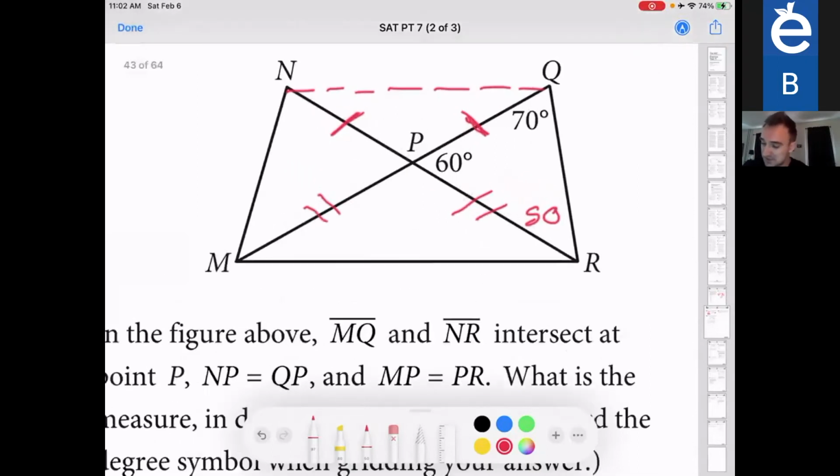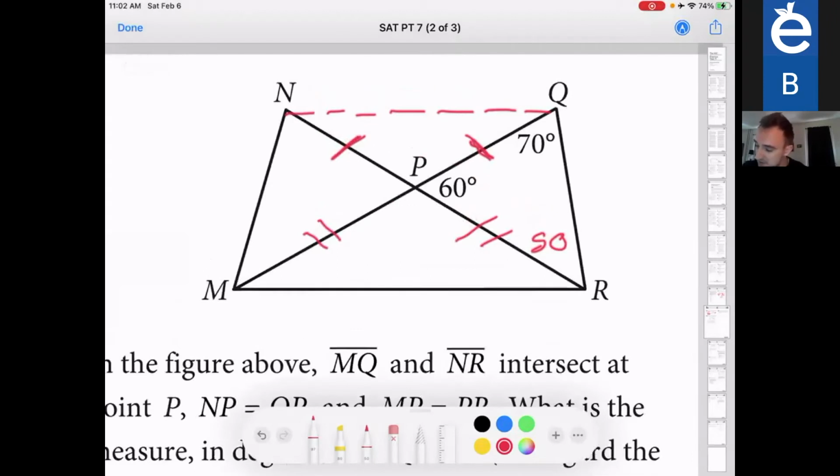So what jumps out to me right off the bat is that this straight line here, the angle of the straight line is 180 degrees. So if this angle QPR is 60, this angle MPR must be 120. Okay, that's helpful. So I know also this vertical angle NPM must be equal to 60.